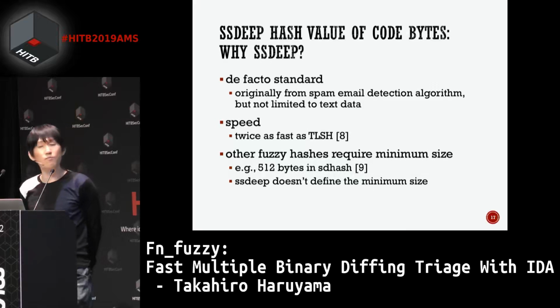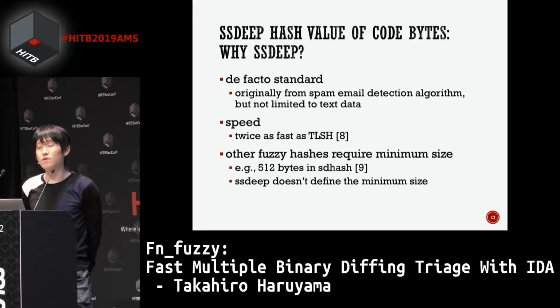I guess most people know what ssdeep is, so I just explain why I use ssdeep for FN Fuzzy. First, ssdeep is the de facto standard fuzzy hashing algorithm. It's originally from spam email detection, but not limited to text data. Second, ssdeep is fast.